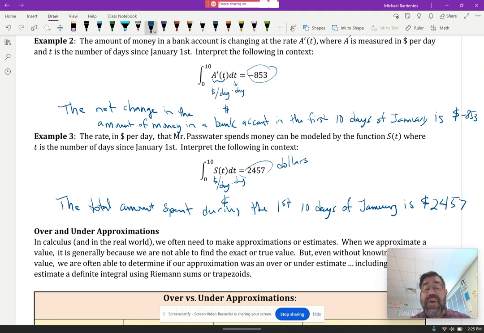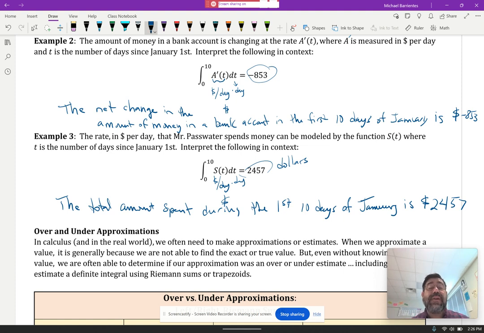So this function is only calculating how much money he's spending at any given time, on any given day in that month, and from 0 to 10, in that window of the first 10 days of January.